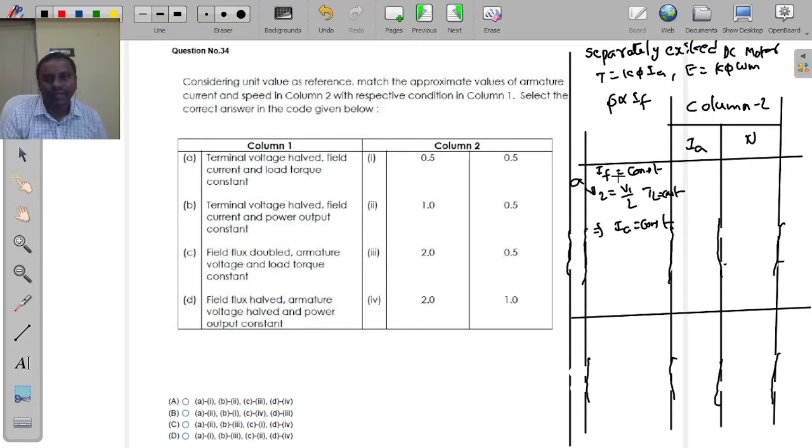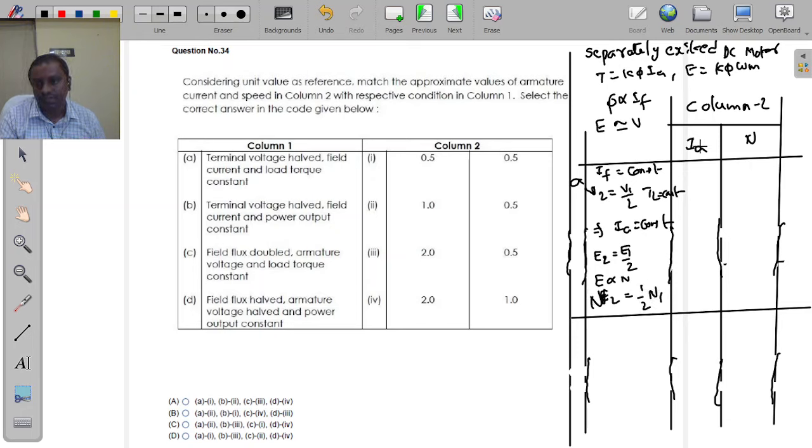So what about the speed? Speed is proportional to induced EMF. When you neglect the losses, E is approximately equal to V. Then in this case E2 will be half of E1. Since phi is constant, E is proportional to the speed, so N2 will be half of N1.